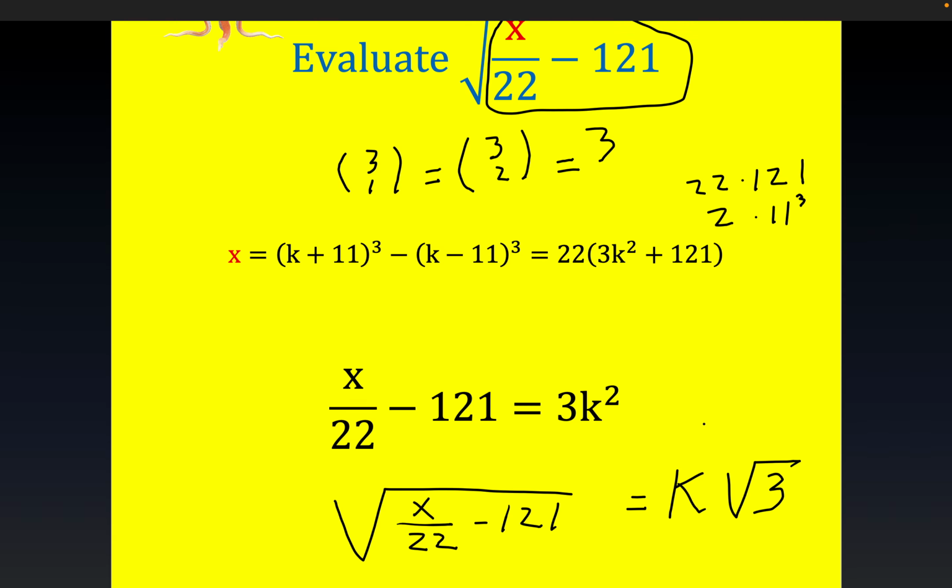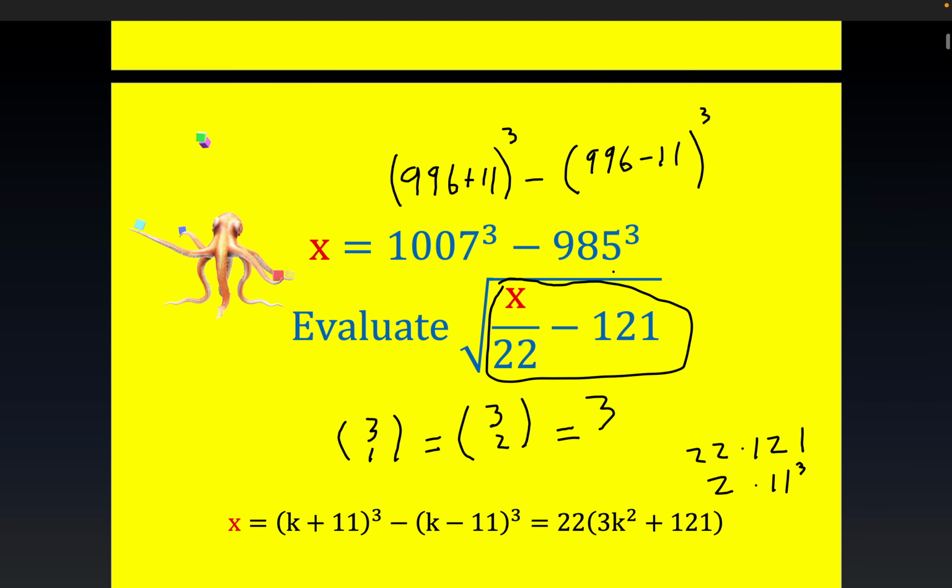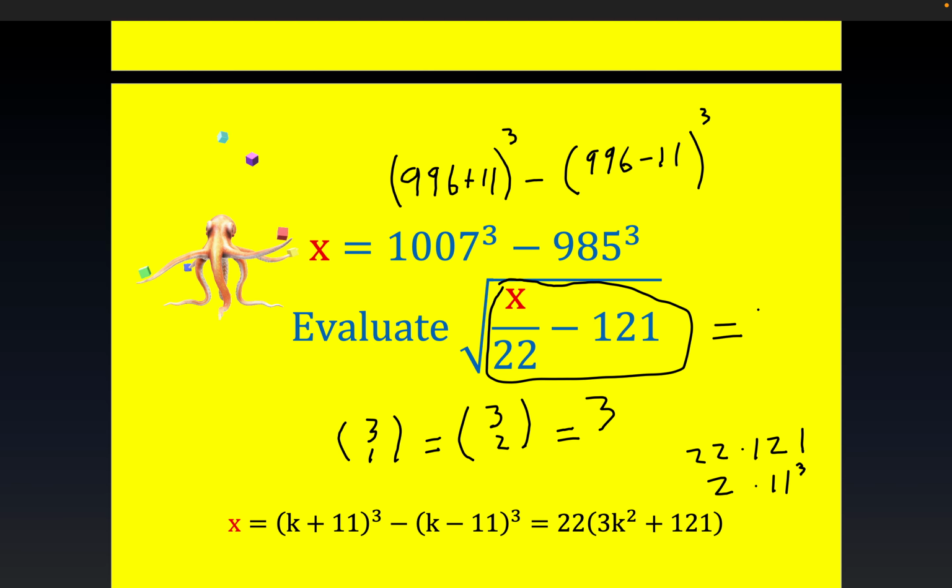So you see, this is the general case. Now for our particular problem, what do we have? We had k equal to 996, so our answer to this problem would be 996 times the square root of 3, is how that's intended to read.